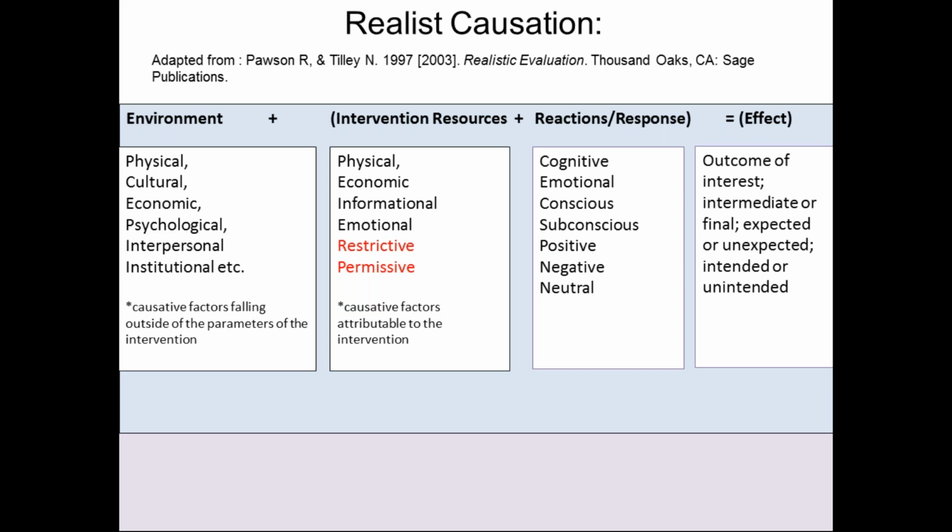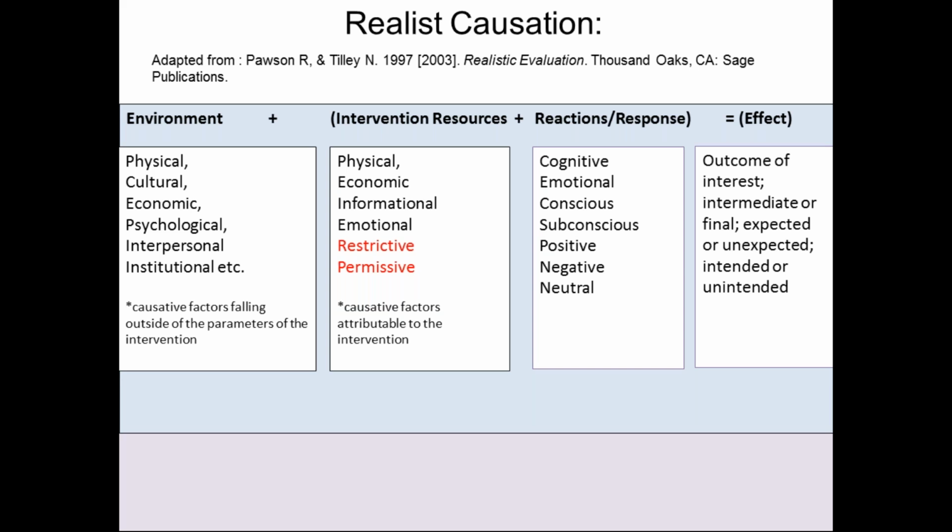So you have an intervention, you have an intervention theory, and it's really about the actual insertion of the intervention into environments. And the reaction response part can be cognitive, like a thought process. It could be emotional, so it could be about how people feel. It could be an emotional reaction.